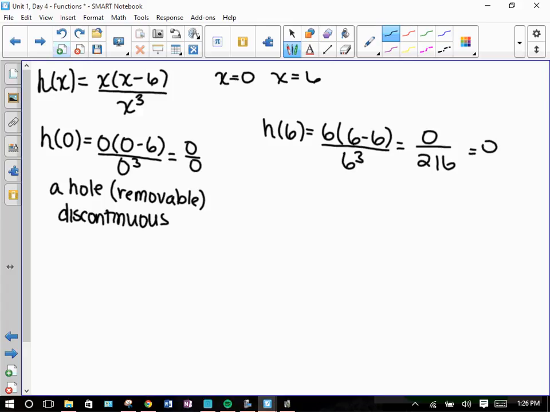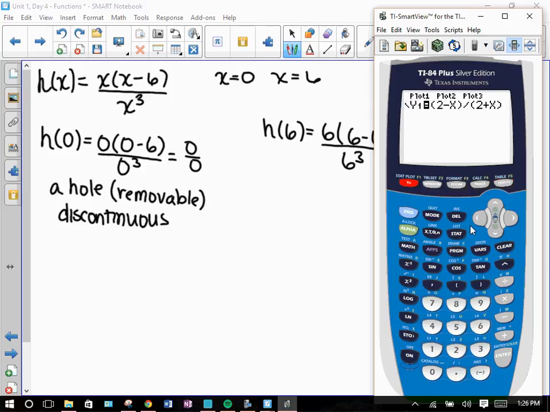Again, let's look at the graph here. So we have y equals x times x minus 6, divided by x cubed. There. Got it?